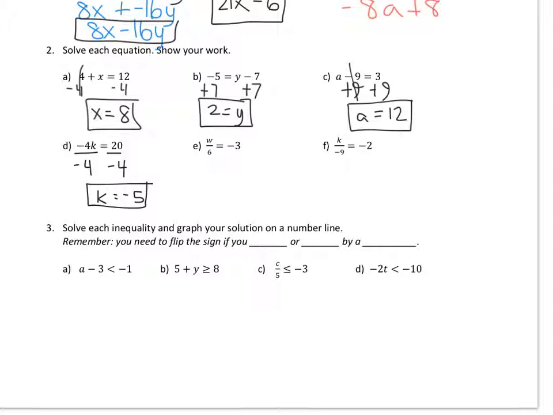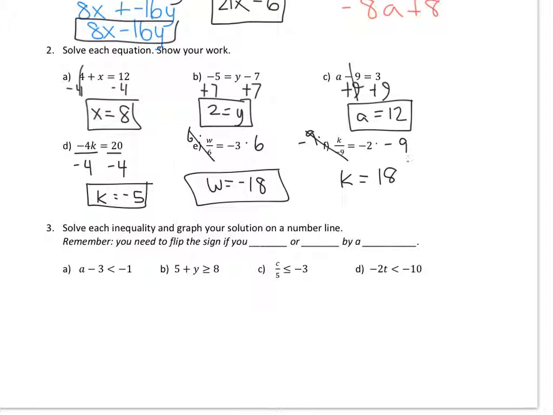So I'm going to multiply both sides by 6. So w equals negative 3 times 6, which is negative 18. And then F, I'm going to multiply both sides by negative 9. So these two cancel out, and I get k equals negative 2 times negative 9, which is positive 18.